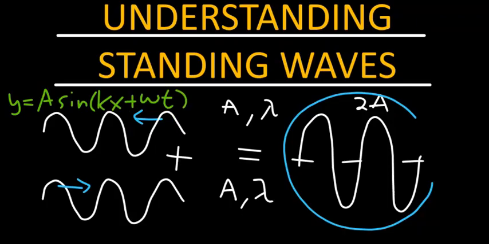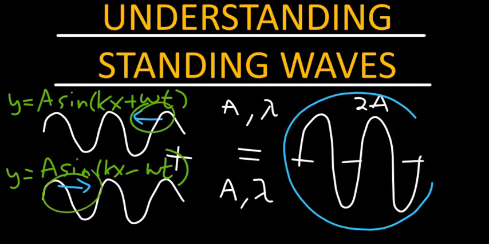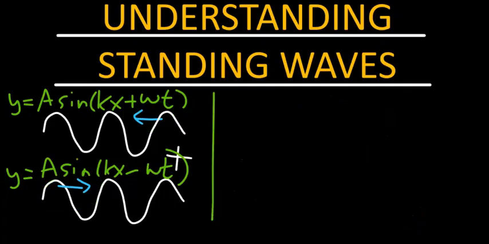The one moving to the right would have a sine(kx minus omega t). So they are identical waves. The only difference is in the direction of motion. Let's see what happens when you add the two functions.